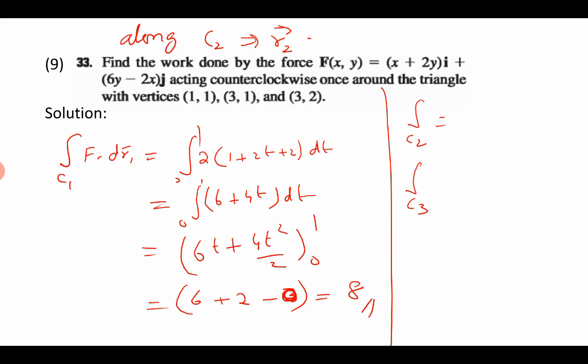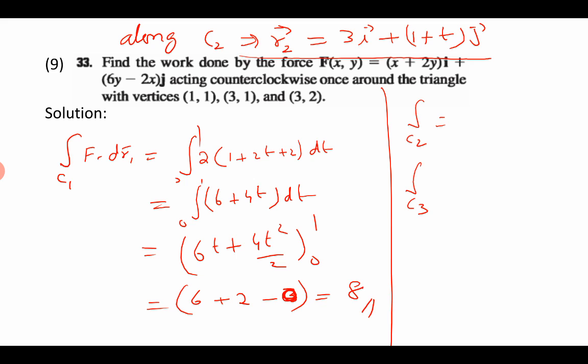Then R2, take it R2 is 3i, there is no change in i, x remains the same, check the graph. And 1 unit change in y, 1 plus 1 times t j. This will help you, and then differentiate it. You will get dr2 by dt. Dot product with the f, integrate from 0 to 1.